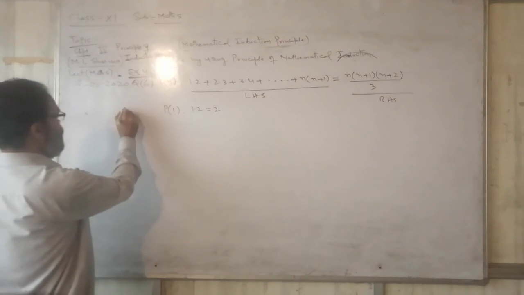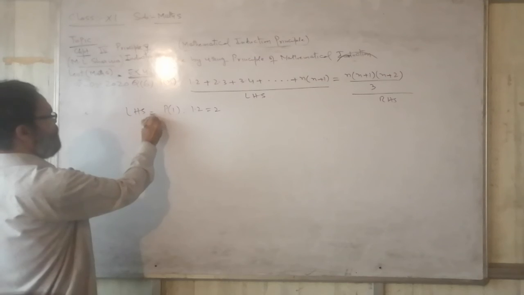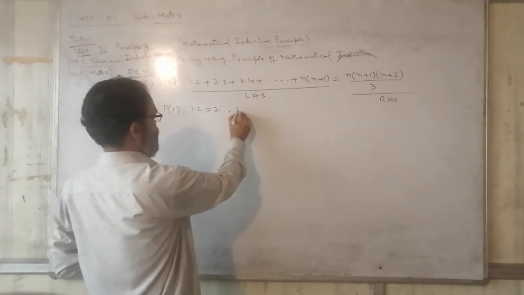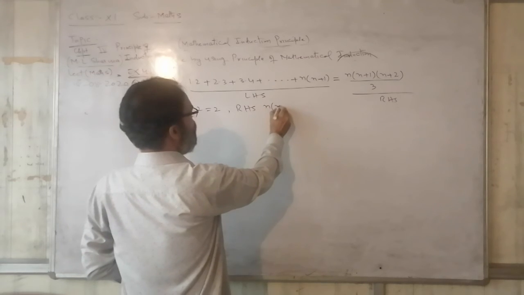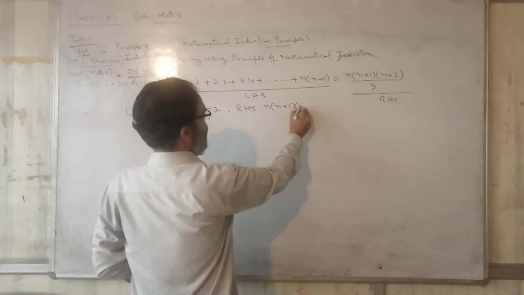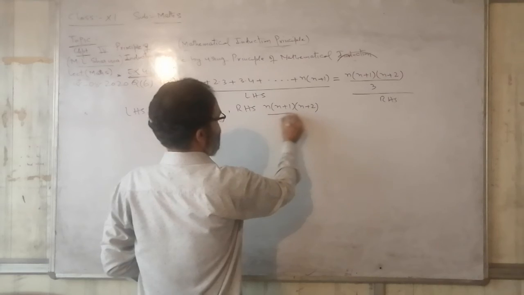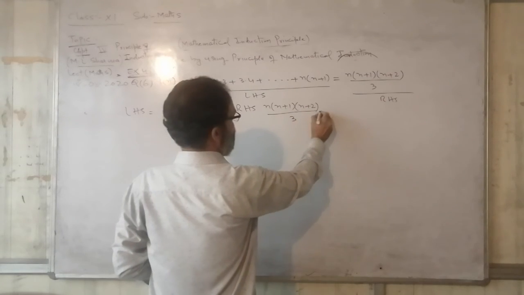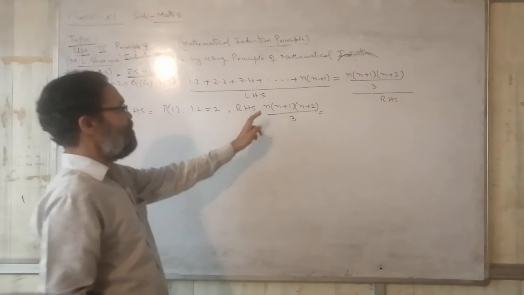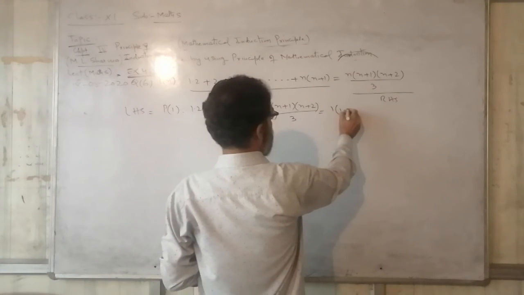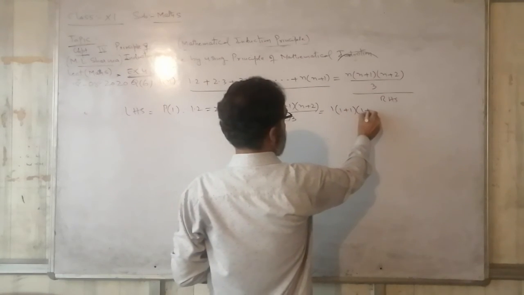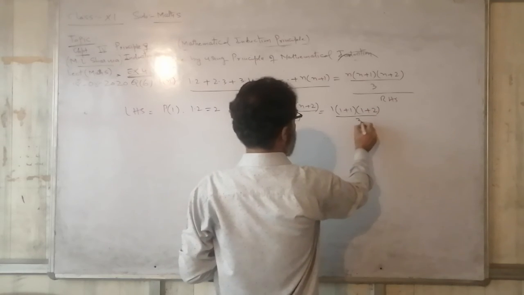This is left hand side, and if I take right hand side, which is n into n plus 1, n plus 2 upon 3, put the value n equal to 1: 1 into 1 plus 1, 1 plus 2 upon 3.